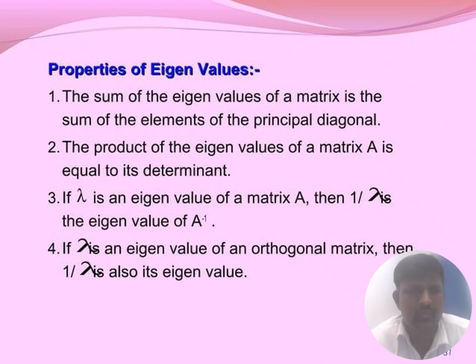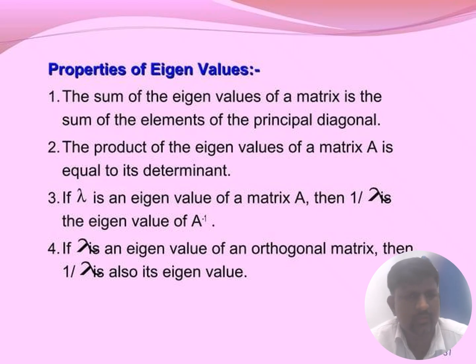So let's move to the next topic, properties of eigenvalues. These are most important topics. They cover the Part A questions. The first property: the sum of the eigenvalues of a matrix is the sum of the elements of the principal diagonal of the given matrix.